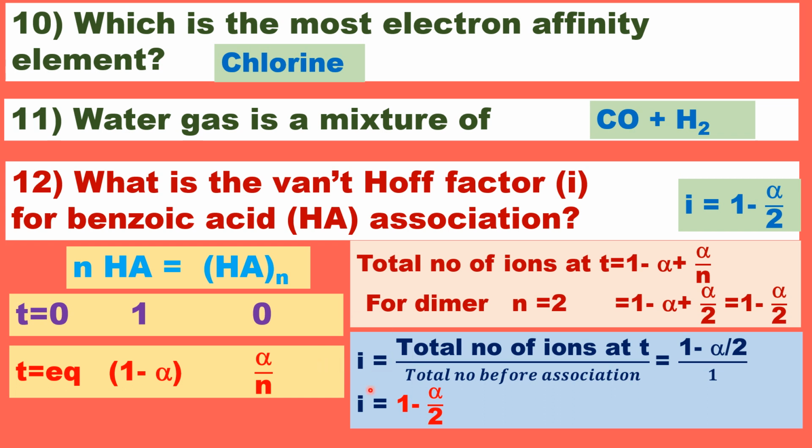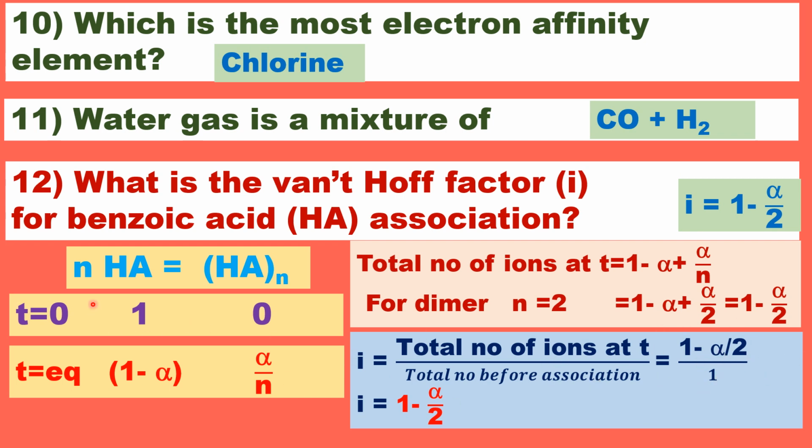Now, what is the van't Hoff factor? That is the total number of particles at equilibrium divided by the total number before association. In this case, we have taken 1 mole per liter. Suppose you have taken C moles per liter, then you can put C here, so C will get cancelled.